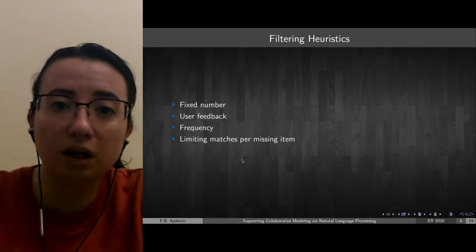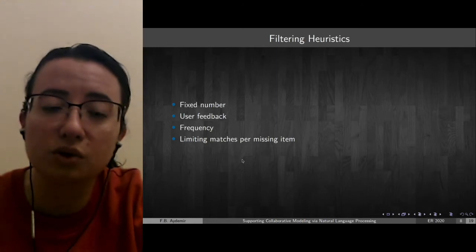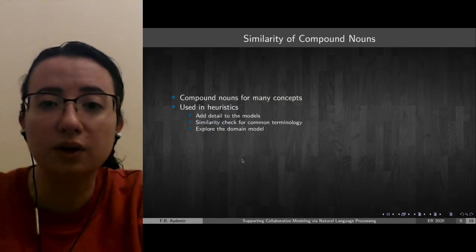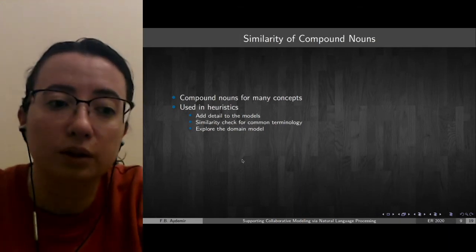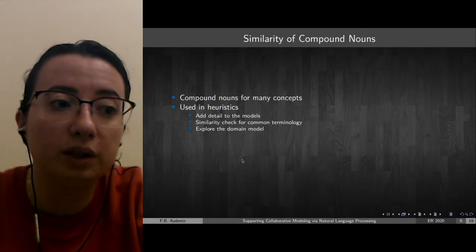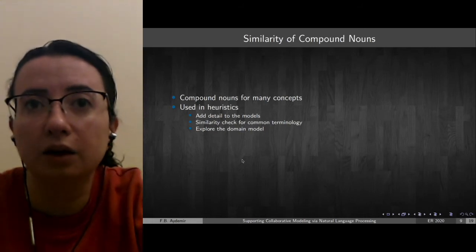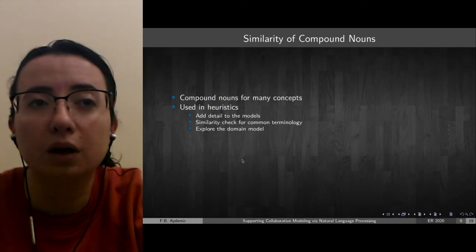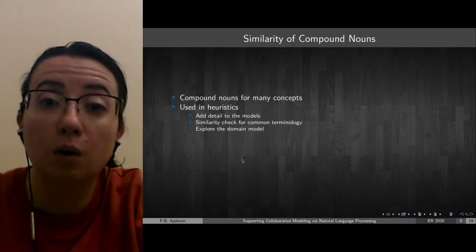So these were the heuristics that we incorporated in our natural language processing pipeline. But one observation we had was the heavy use of compound nouns, actually. So compound nouns were really present in the models that are integrated with our service, but also in the domain models we work with, there were many compound nouns.